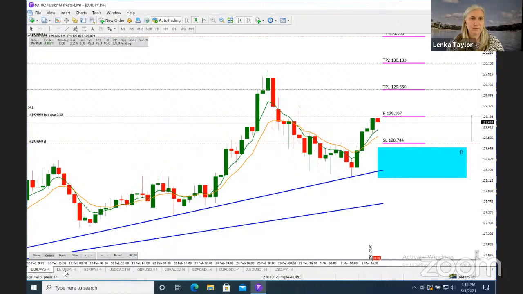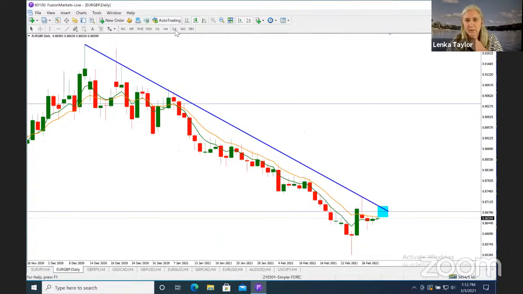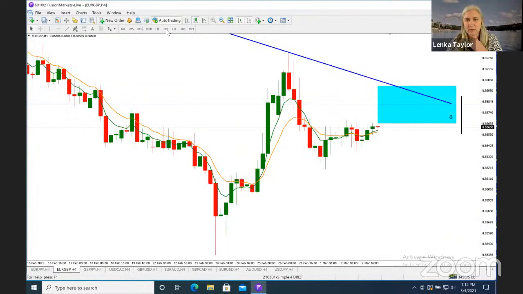All right, so the next chart I'm going to have a look at is Euro GBP, also the 4-hourly. So on this chart, I am very interested to take a trade short on here. I just need to see some really good price action there and maybe a slight more pullback towards this trend line here.